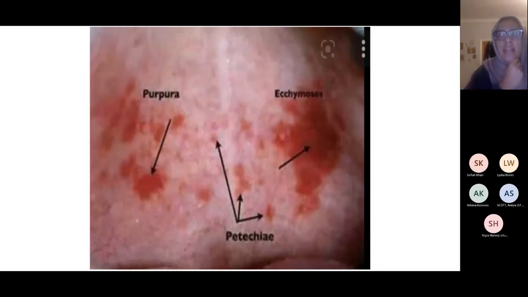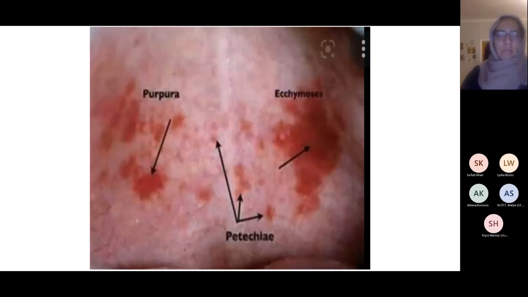If you've done your peds, you might have heard this term. It's really important if you see someone with these kind of skin lesions that you press on it to see if they blanch or not. Because a non-blanching purpuric rash, for example, is an indicator of meningococcal disease. And so that is a medical emergency.